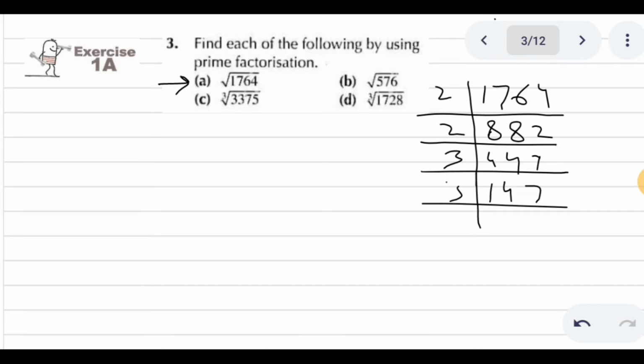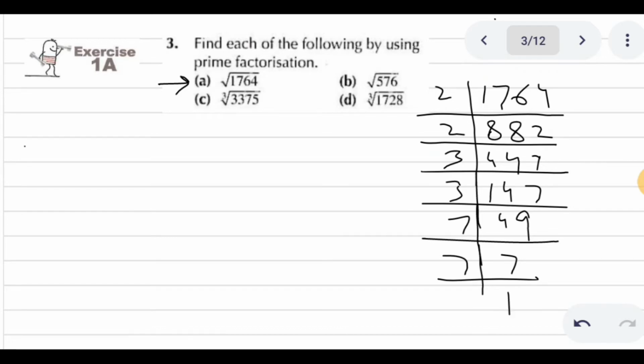Now again 3 4s are 12 and 3 9s are 27, and now it is divisible by 7, 7 7s are 49 and 7 1s are 7.